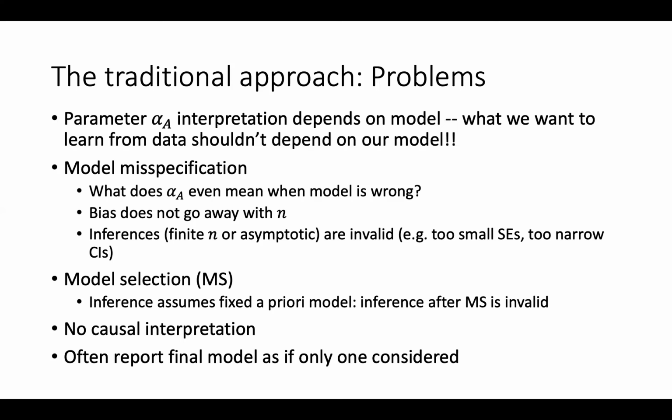When I was trained, we should only talk about associations that maybe give you a hint about causation, but direct consideration of causality was not included. Thankfully, that has changed. There is a whole new field called causal inference that allows us, when the effect can be identified, to have a causal interpretation. These traditional models don't really have a causal interpretation.